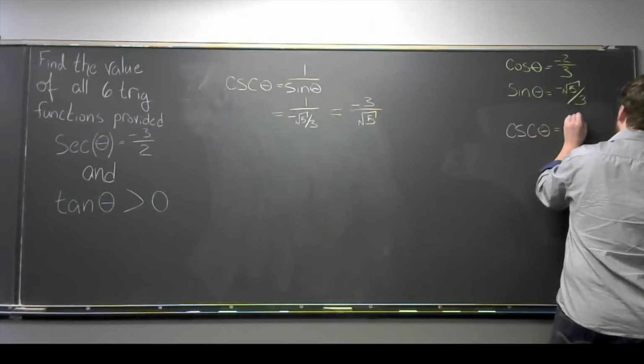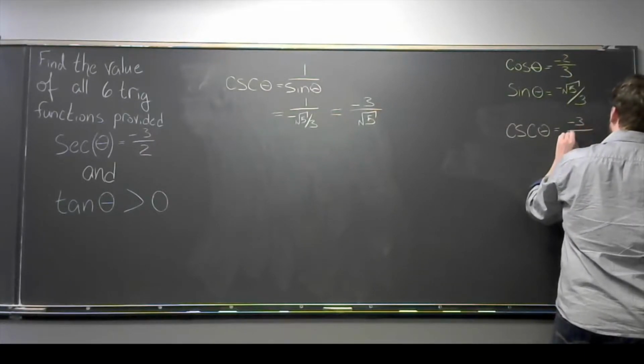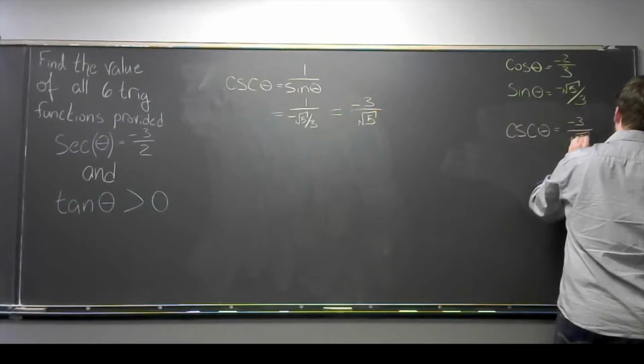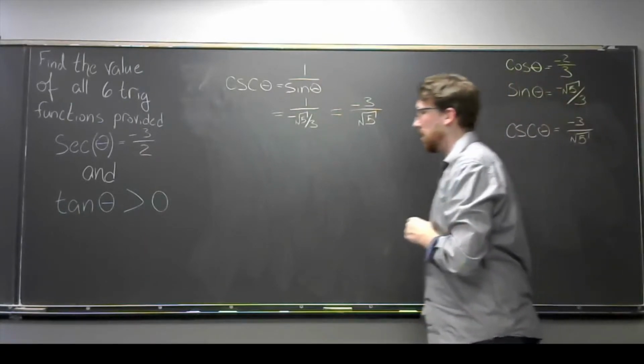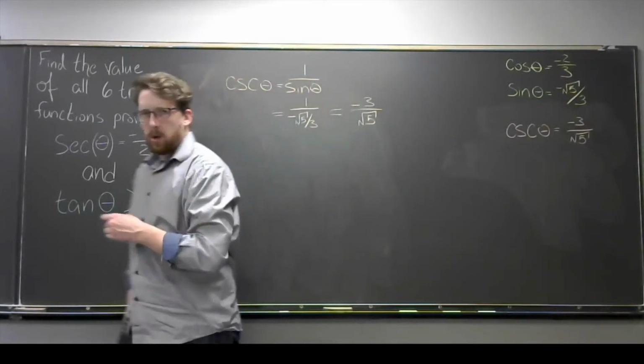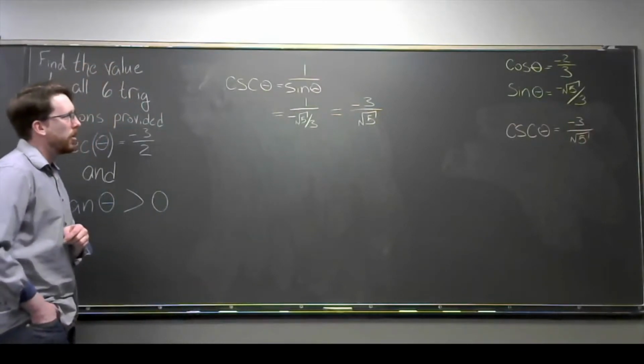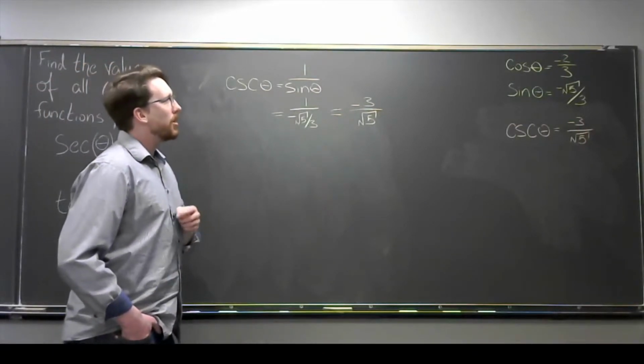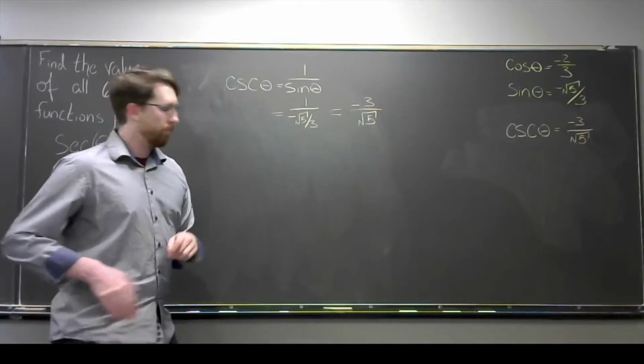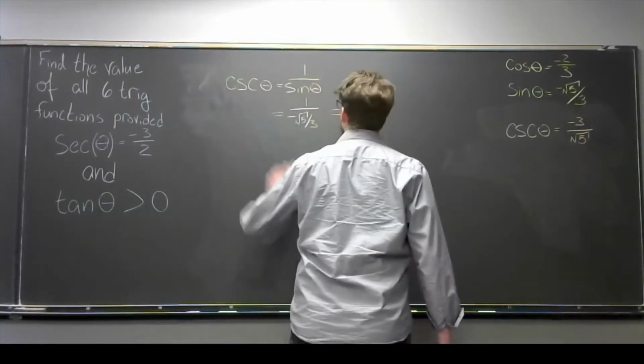Is equal to negative 3 over the square root of 5. Okay, what about tangent? Well, tangent's going to be sine over cosine. All right, that's straightforward.